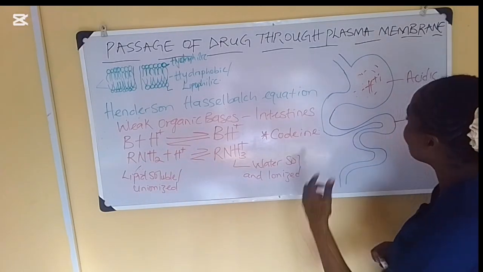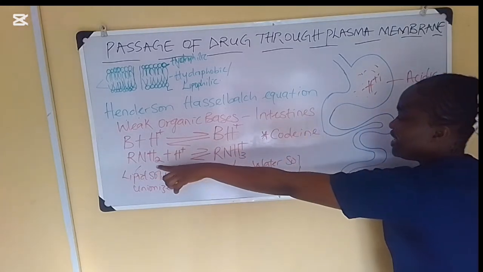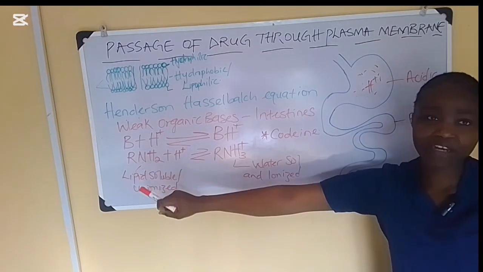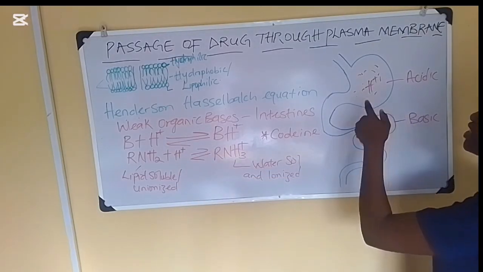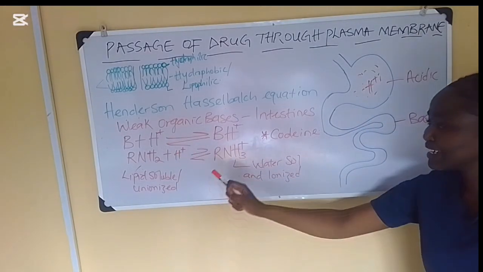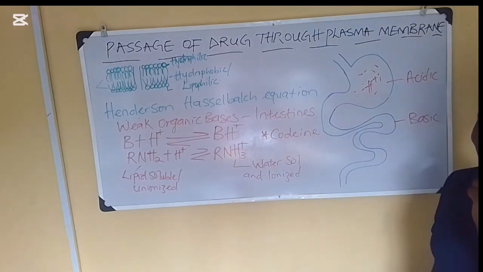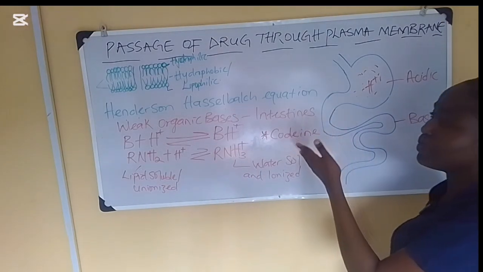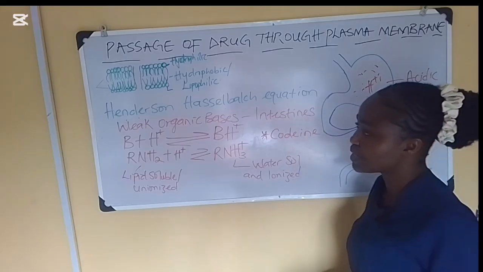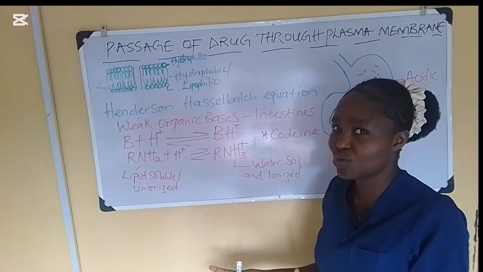Now, when this drug passes through the stomach, what happens? When codeine, which we represented with our amino general formula, passes through the stomach, it combines with hydrogen ions and immediately becomes the water-soluble and ionized form. Our Henderson-Hasselbalch equation already tells us that weak organic bases dissolve more in the intestine, and that is what I am trying to explain.